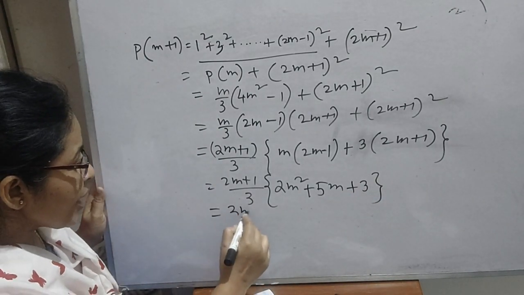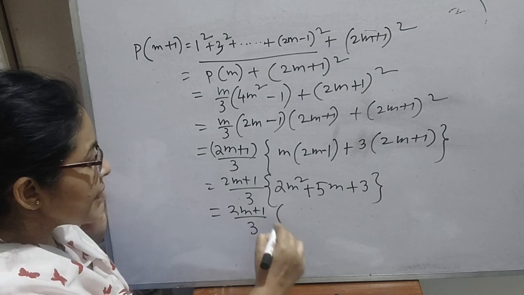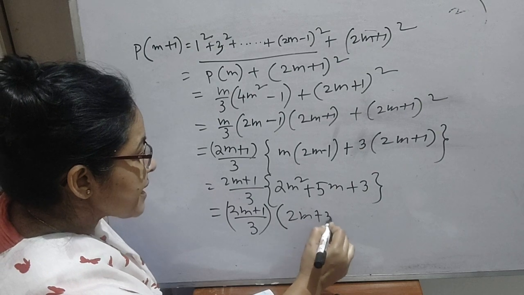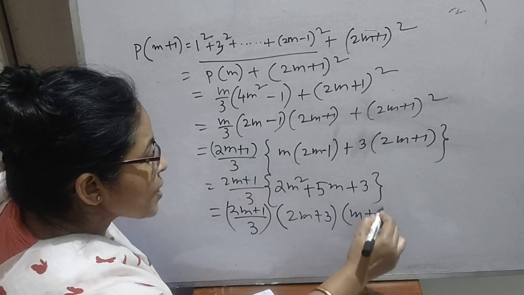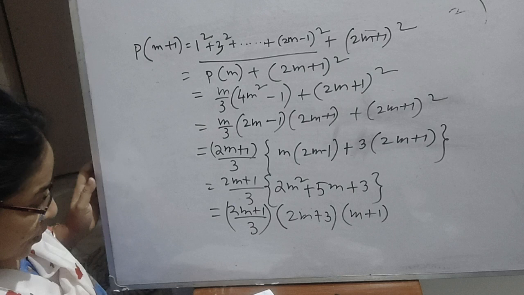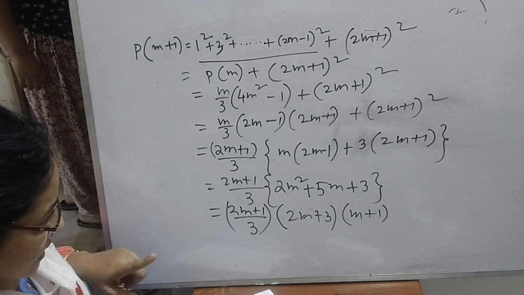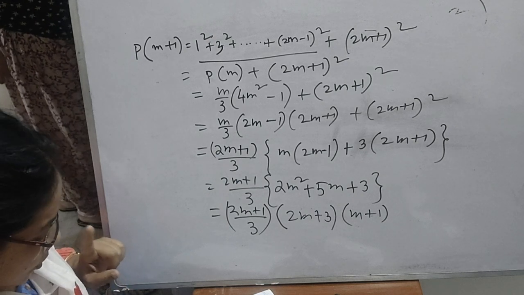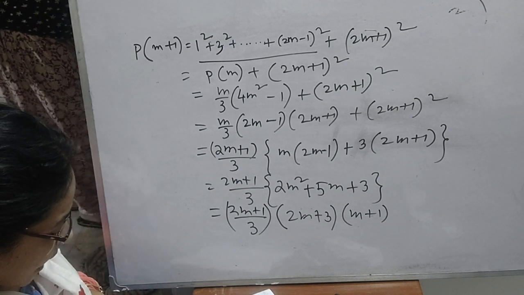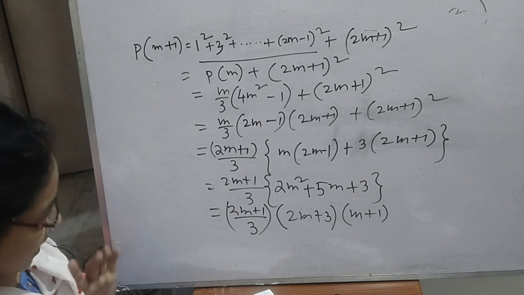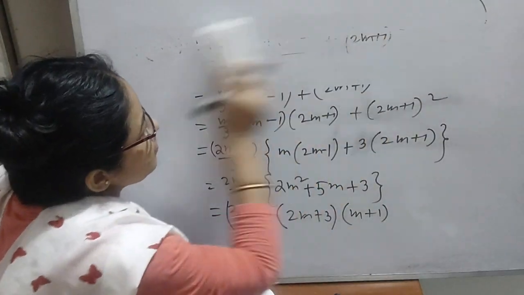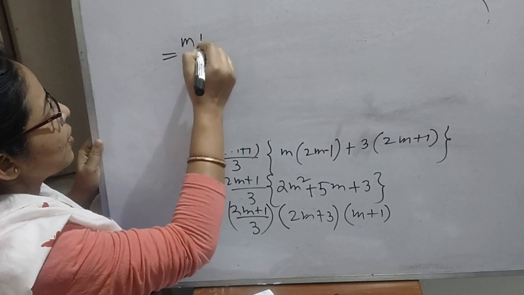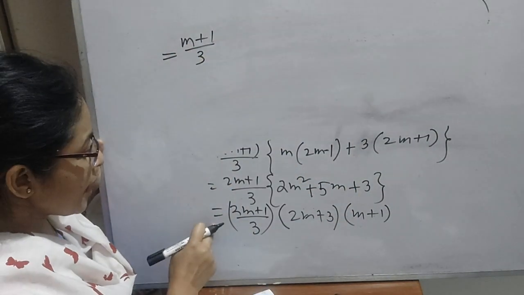This equal to (2m plus 1) by 3 into (2m plus 3)(m plus 1). This equal to (m plus 1) by 3.